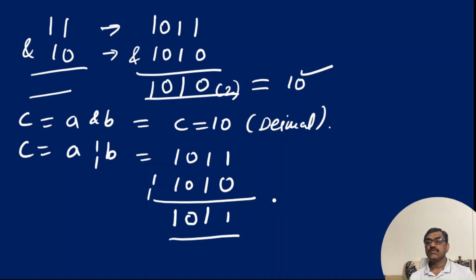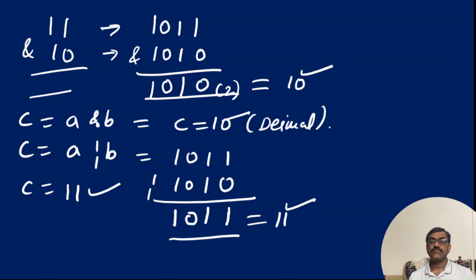We are getting 1011. So in this case, we are getting the value 11. This is bitwise OR operation. C equals to how much? We are going to get 11 when you perform bitwise OR operation, and C equals to 10 when you perform bitwise AND operation. So this is about bitwise AND and bitwise OR.